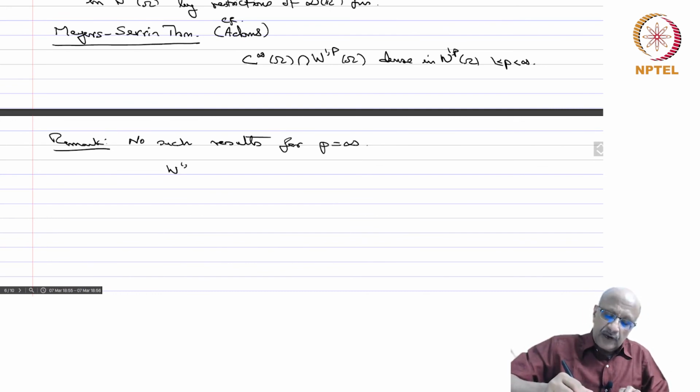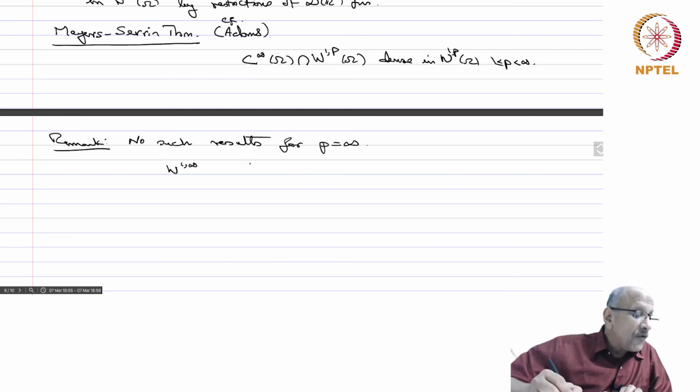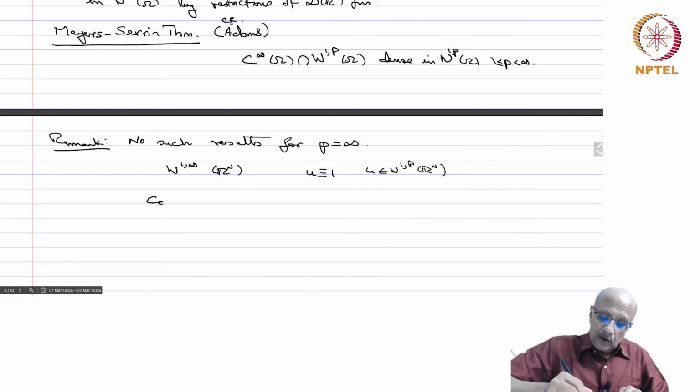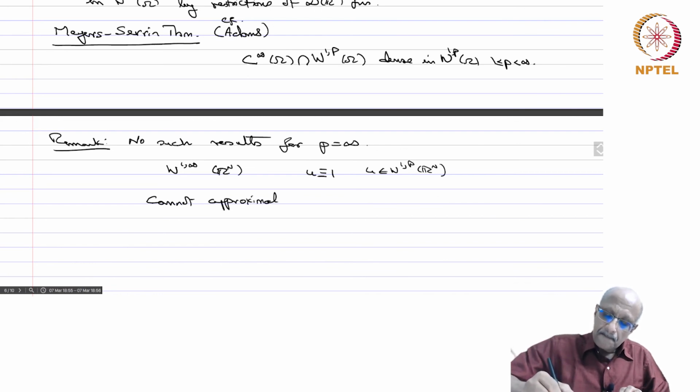For instance, if you take W^{1,infinity} of Rn, you have u identically 1, which is in W^{1,infinity} of Rn. Now you cannot approximate it in L infinity norm by D of Rn.